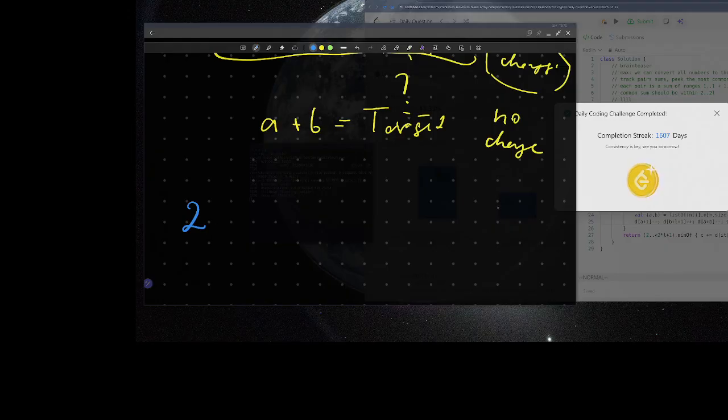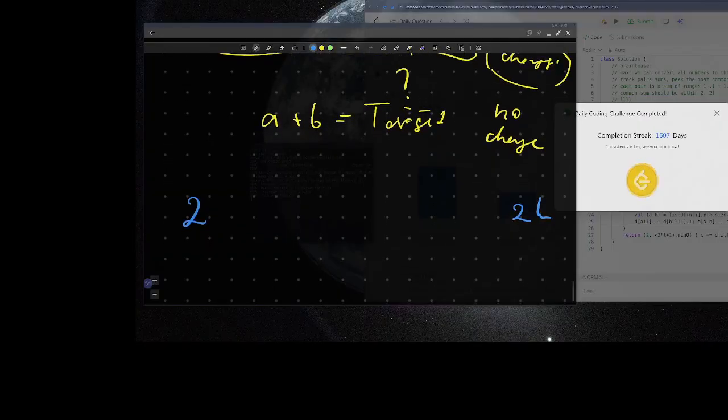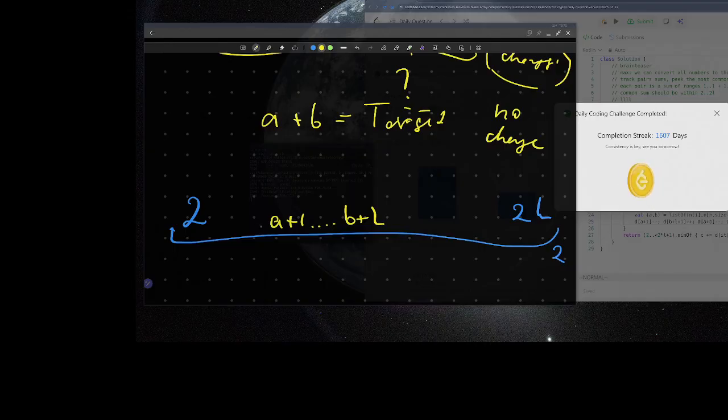So our final picture is like this. From 2 up to 2 times limit, we have all this range filled with 2. Inside it we have A plus 1 up to B plus L, filled with 1 change.